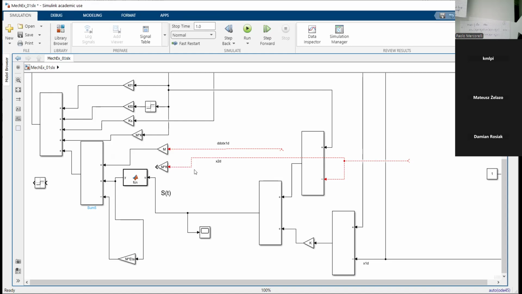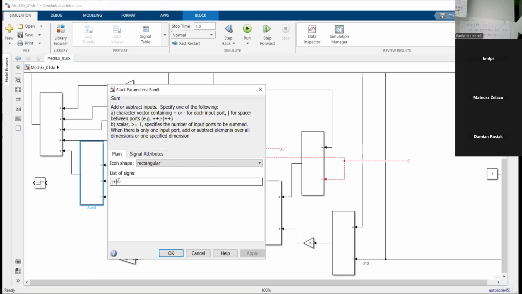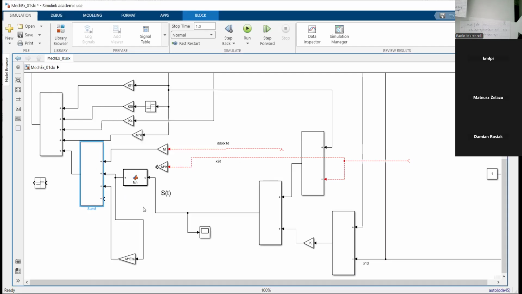Yeah, because this belongs to the control law. And K states basically the speed of the convergence on the surface.